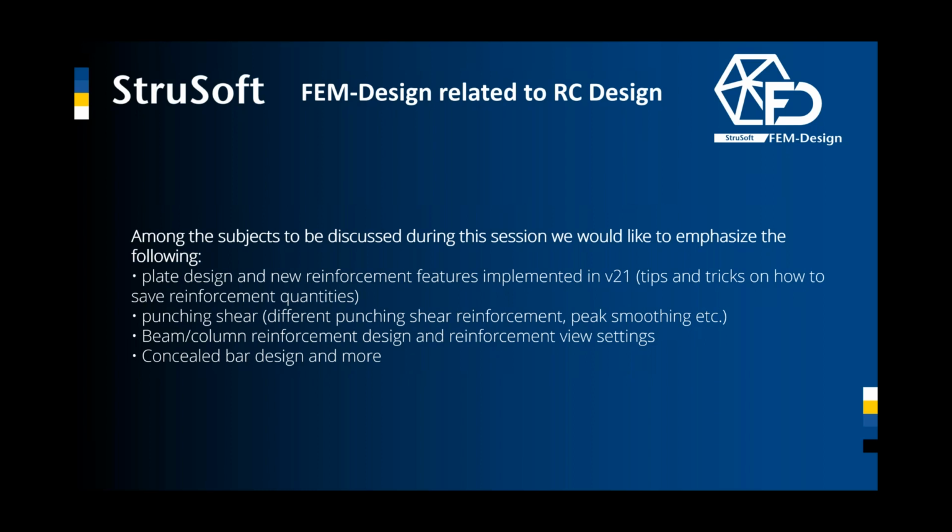Among other subjects, we will discuss the punching shear, the beam column reinforcement design, the concealed bar design, and the cracked section analysis. I prepared a little bit of theory before, and then we will jump to building a quick model and going through all of these subjects.